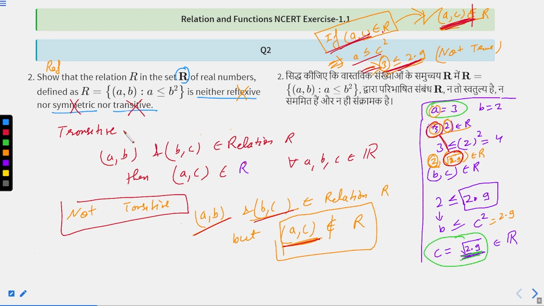So it is neither transitive. I hope you got the idea how we took this crucial C. The main thing is to pick such a C that (A, C) does not belong to R, but (A, B) and (B, C) belong to R. I hope this is very clear to you.